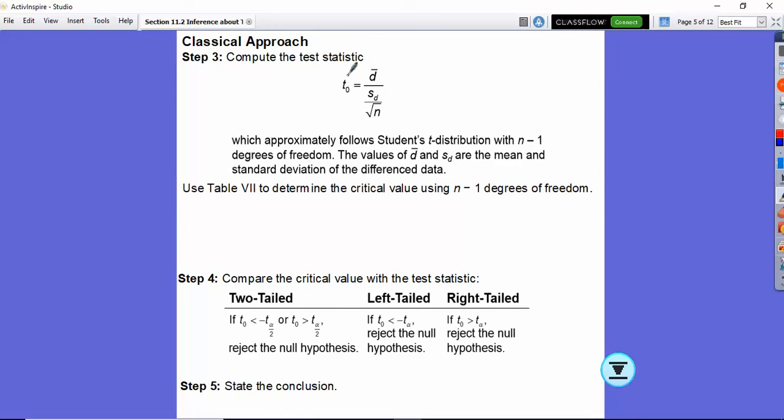You'll notice, if you're looking on here or on your formula sheet, it kind of sets things up a little bit differently. I put your test statistic. This looks different than what we've done before, but we always do. It's really just finding a z-value. So, right, it's your score minus the mean divided by the standard deviation.